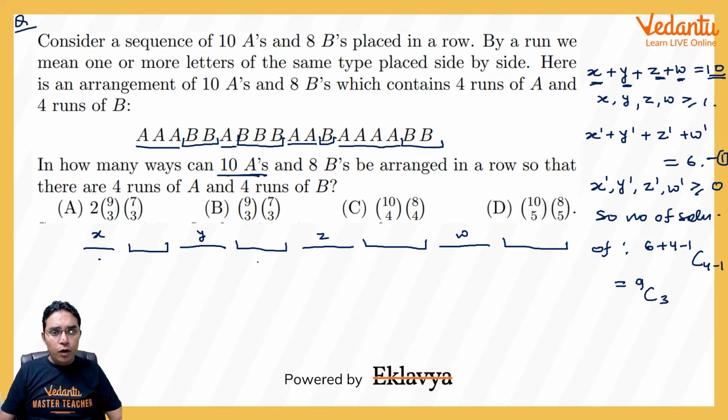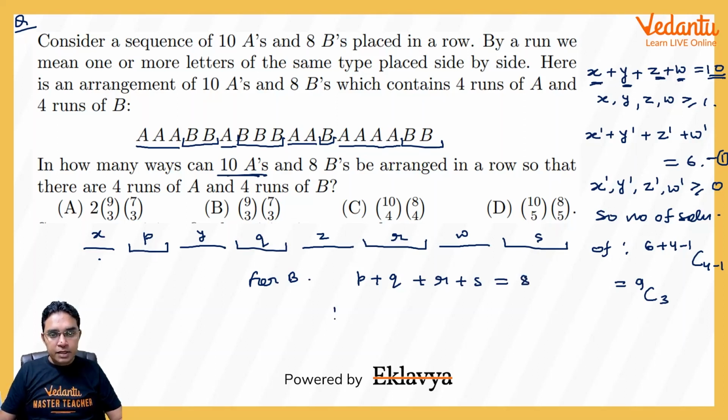Similarly for B, let us consider P number of B's here, Q number of B's here, R number of B's here and S number of B's here. So here P plus Q plus R plus S has to be equal to 8.